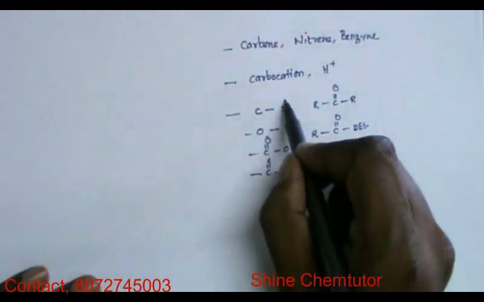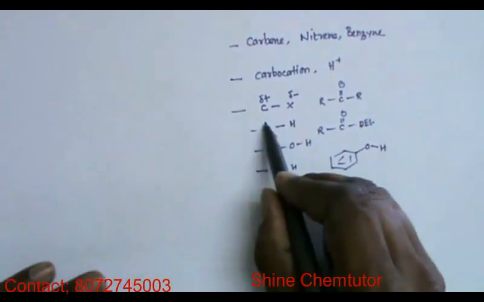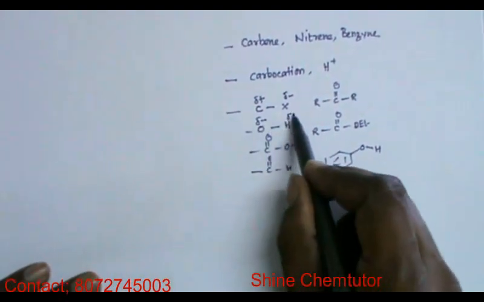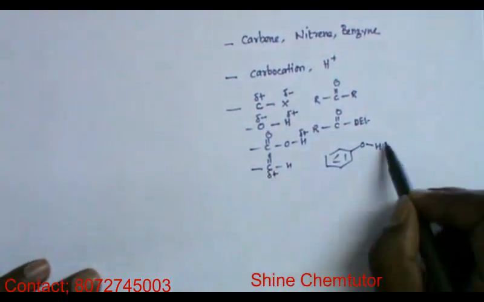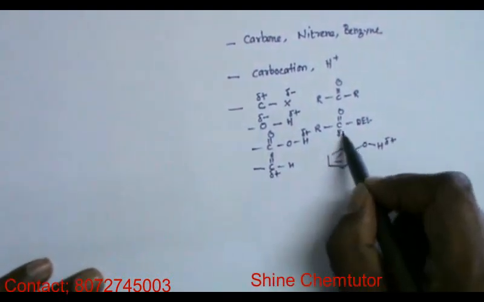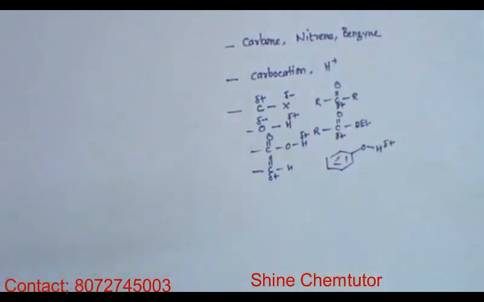In this case, this is more electronegative, so we get delta plus on this. This is more electronegative, so we get delta plus. Similarly, delta plus here, delta plus. This is the third category.